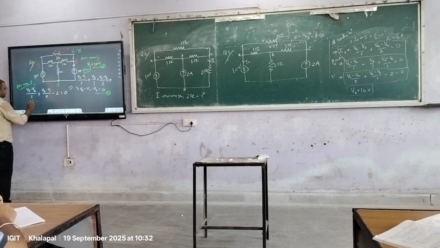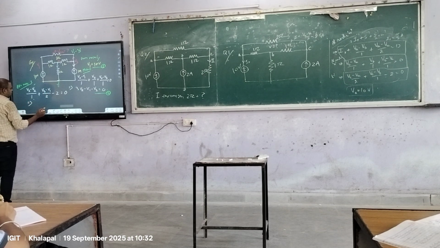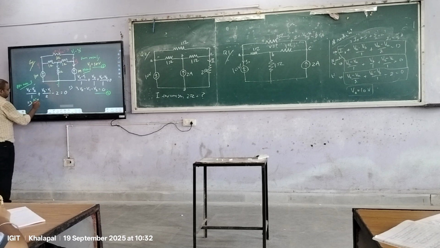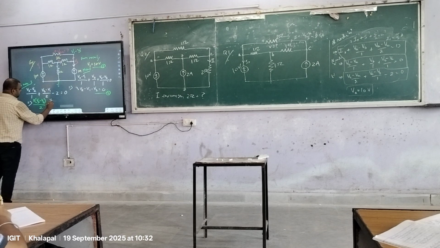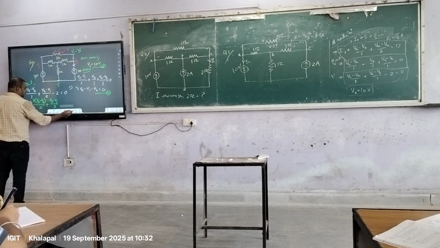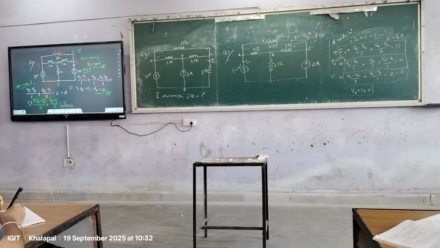It is going to be 2 into V3 minus V2 by 2 plus V3 minus V1 by 3 is equal to 2. Can I write it like this? I have just multiplied by 2 in the numerator and denominator as well. Okay. So tell me what is the equation here?